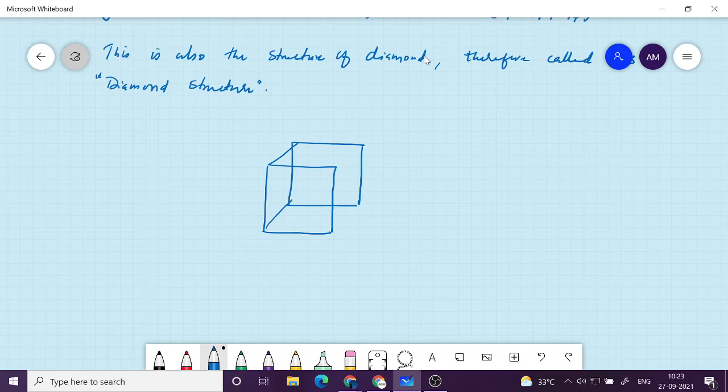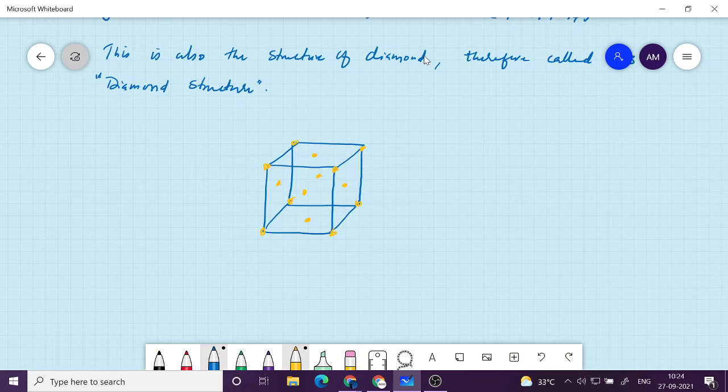Now face-centered: that means atoms are on every corner as well as on every face. FCC lattice means 8 atoms on the corners and 6 additional atoms on the faces.